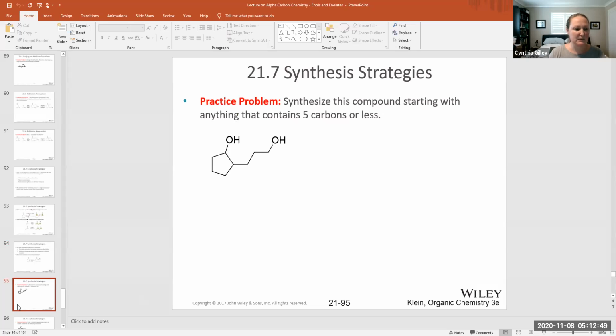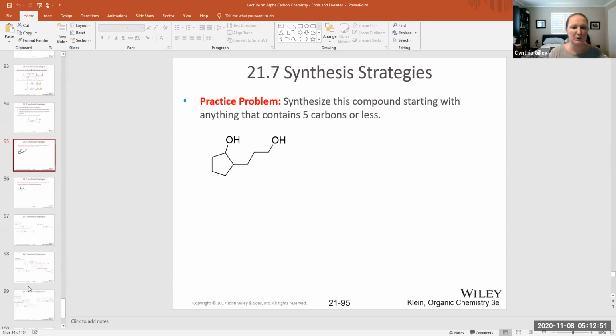Let's do some practice problems. We're going to do 2 practice synthesis problems, and you can do many more practice problems in your book as well, and I highly recommend that you do that. Okay, so the first one says our goal is to synthesize this compound starting with anything that we want, as long as it contains 5 carbons or less.